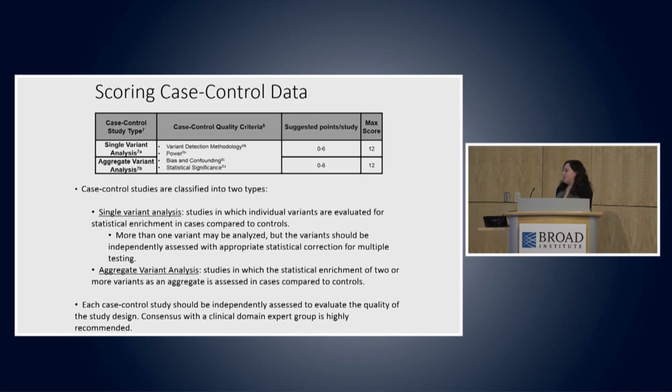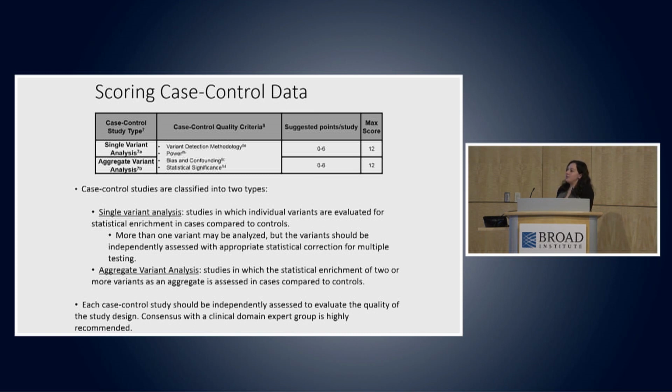And you should assess each case control study independently to evaluate the quality of the study design. And this is why we left the framework so flexible, so we really do recommend consulting experts in this case, because it's so flexible that a case control study can score anywhere from 0 to 6 points.